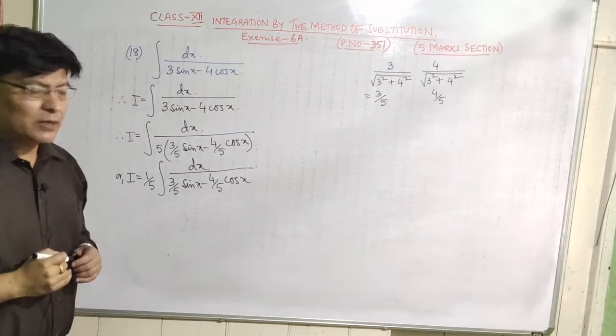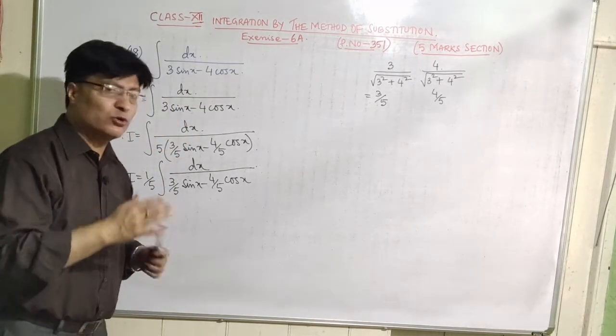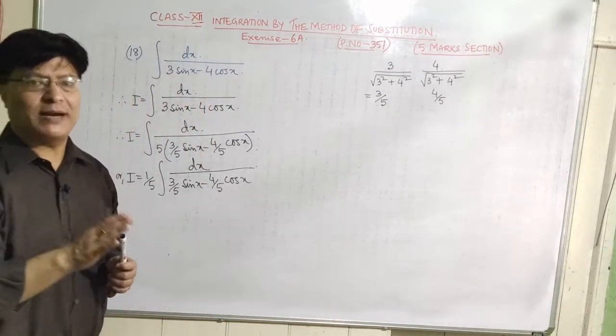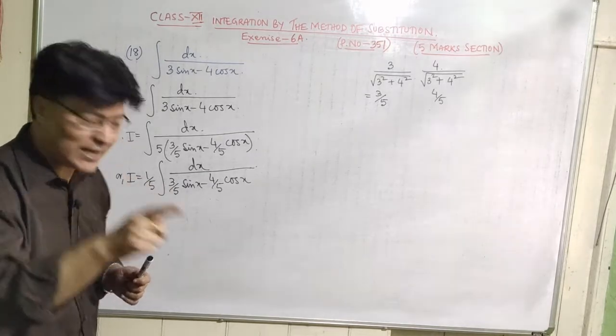Is that clear? And now you can convert this expression into compound angle form, that is, always write it in the form of sin A cos B minus cos A sin B.